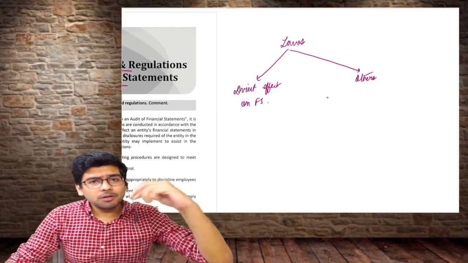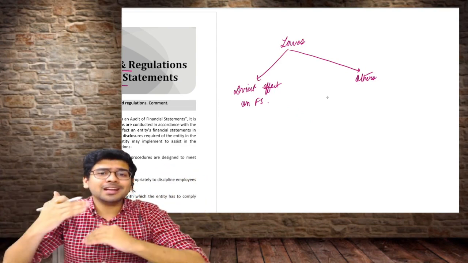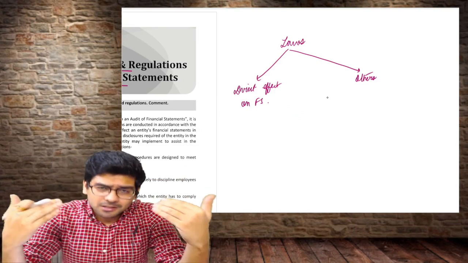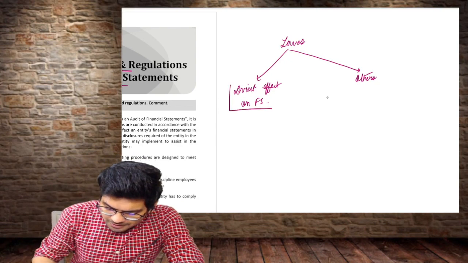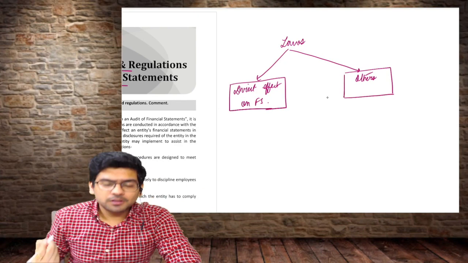So I'm dividing law for the purpose of this standard into two categories: one which directly affects the financial statements, and the other which doesn't affect the financial statements directly. Let's understand first these two types of laws, and accordingly we'll be able to proceed with the standard.